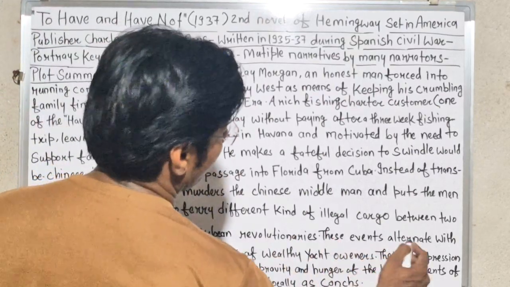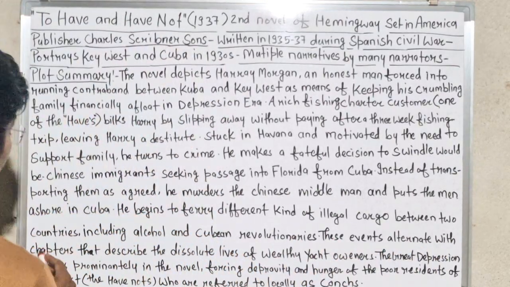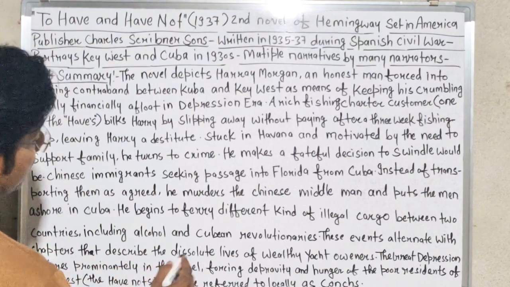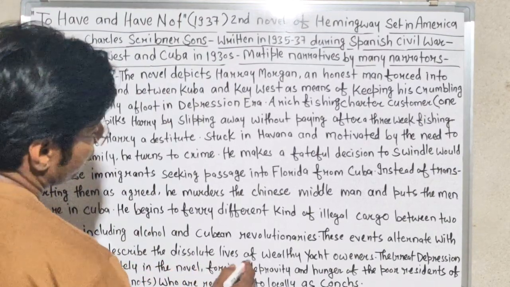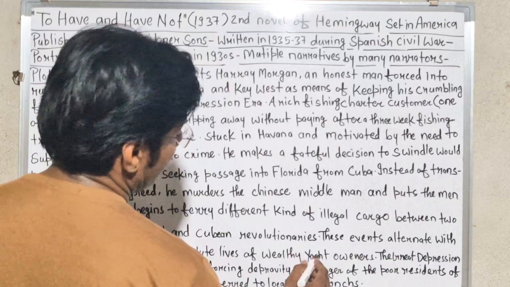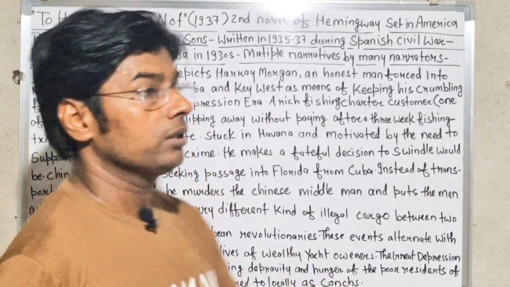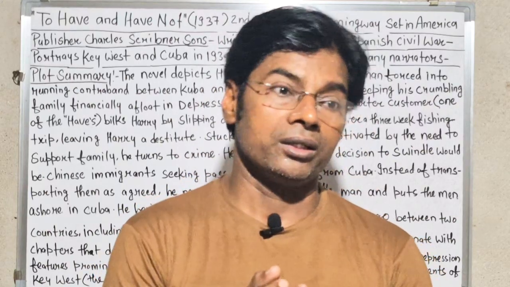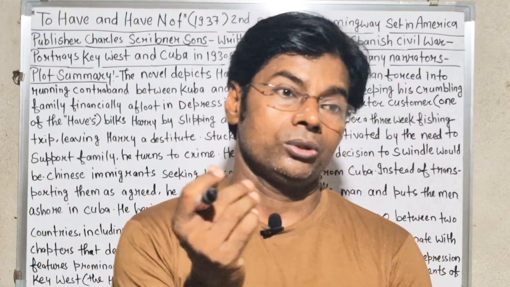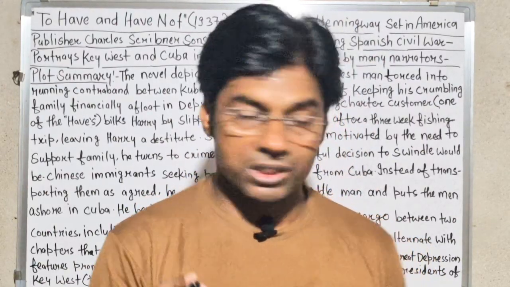These events alternate with chapters that describe the dissolute lives of wealthy yacht owners. Yachts, those big ships in the oceans, are called yachts. Remember this.